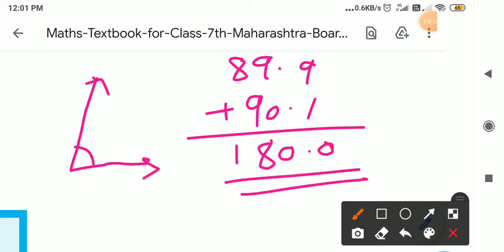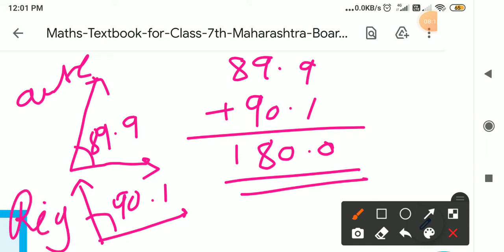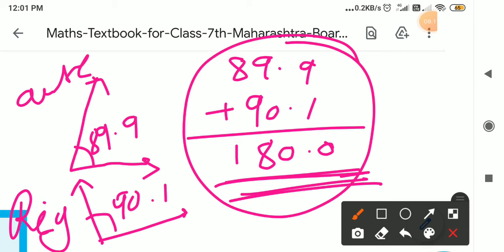Suppose one angle's measure is 89.9. One more angle I have taken is an obtuse angle, and its measure is 90.1. So this is an acute angle, and this one is an obtuse angle, and the sum is 180 degrees. It forms supplementary angles, but it can't form complementary angles.